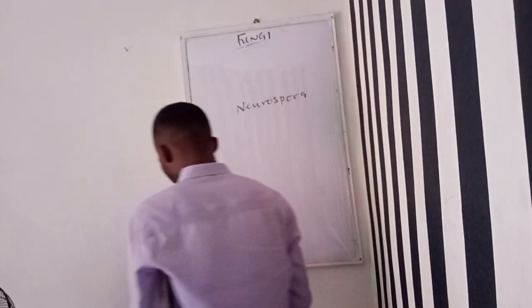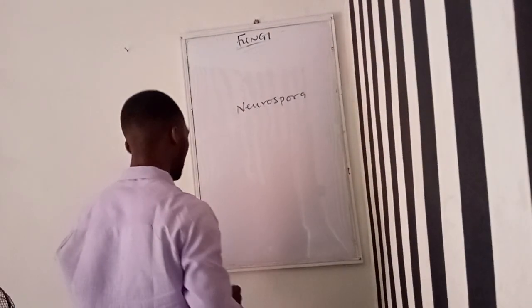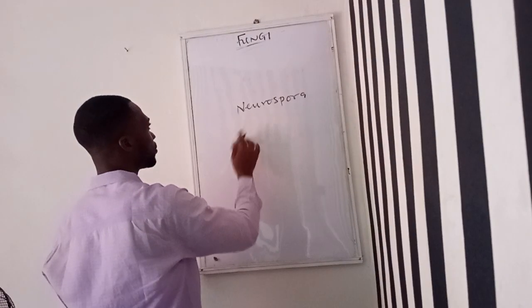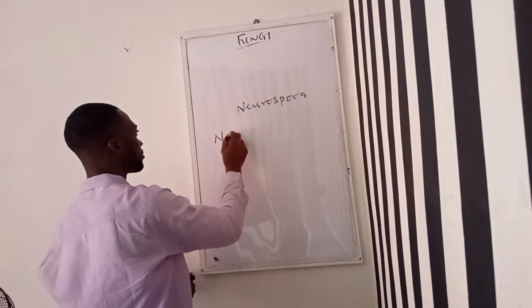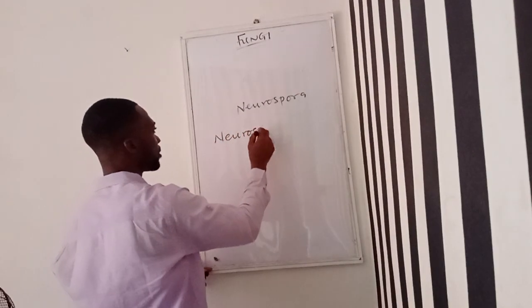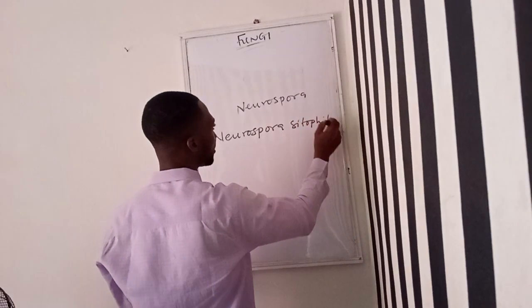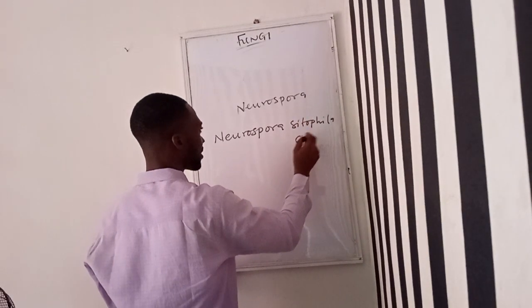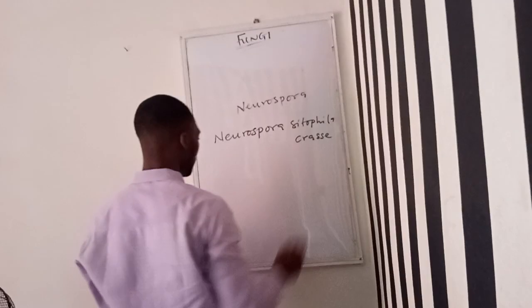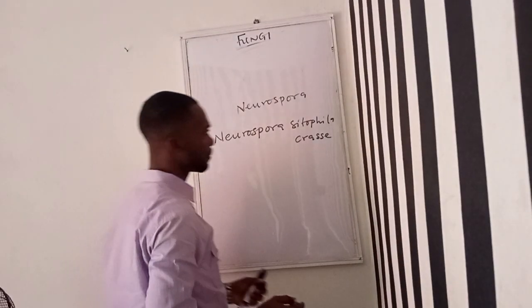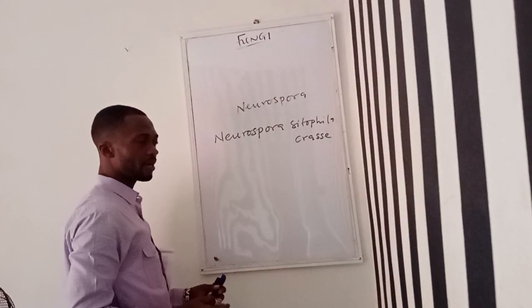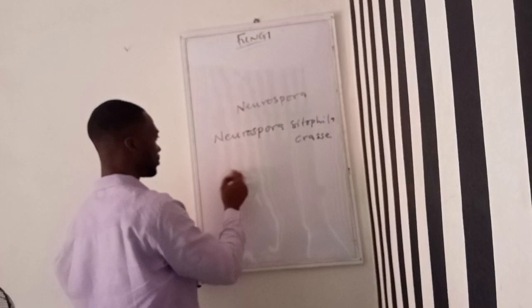Neurospora. I don't know why all my marker misbehaved. Neurospora. I'll have Neurospora sitophila, and I'll have crassa.